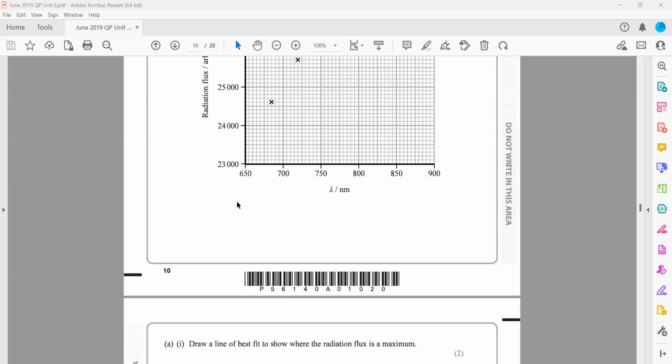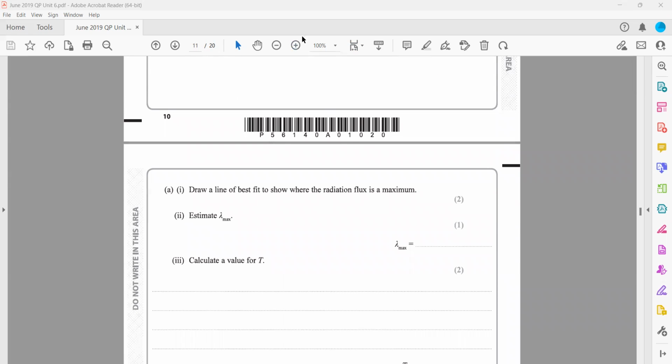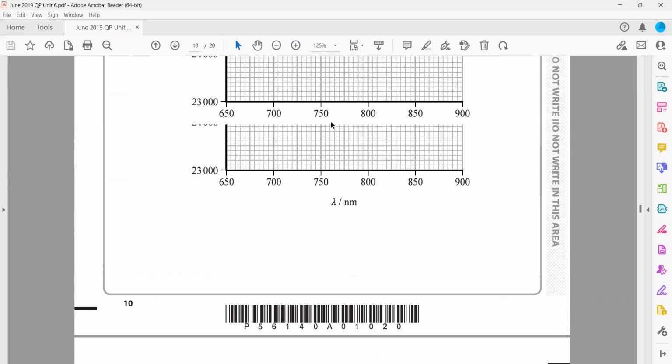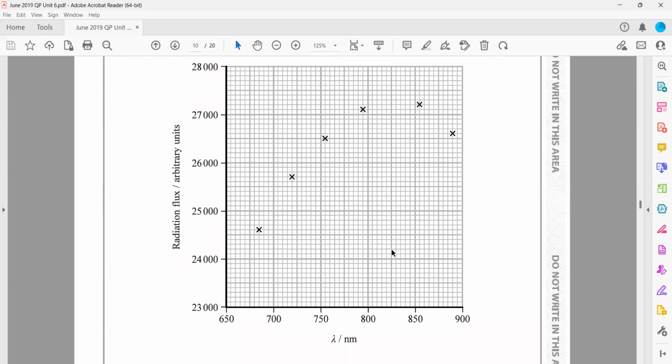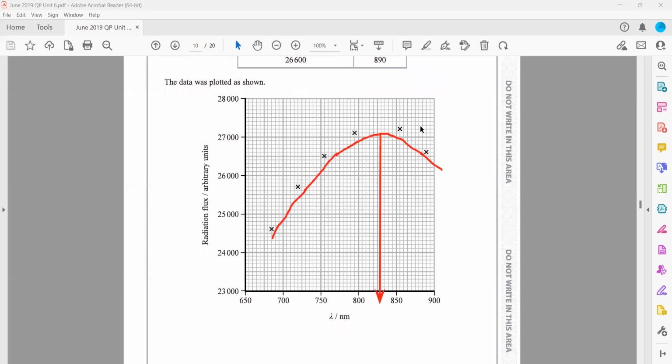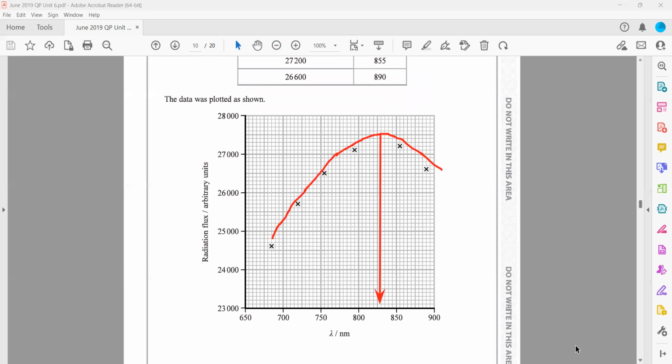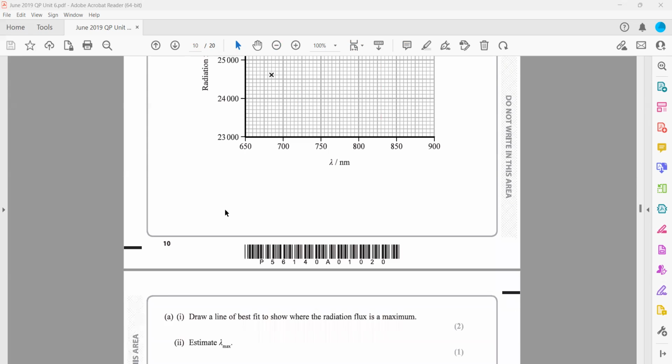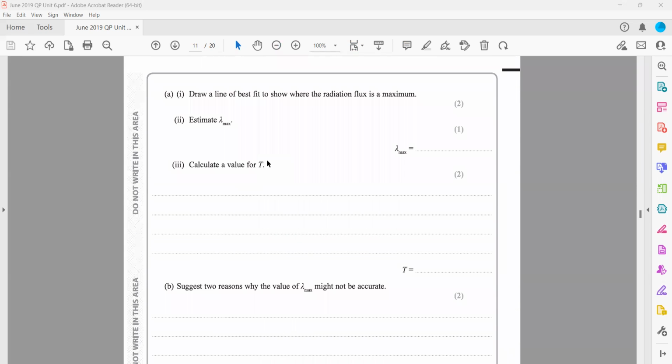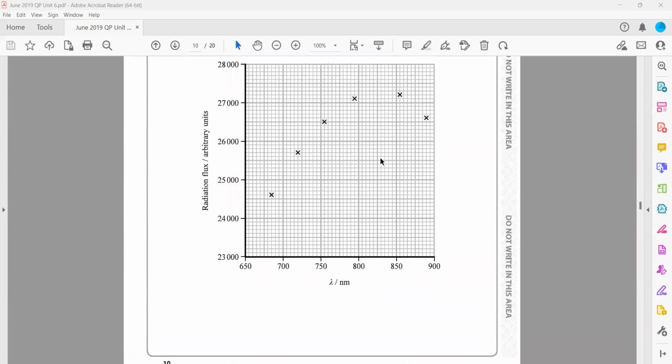The next one is the estimation: after drawing the maximum value, see where it intersects. Whichever position we have on the x-axis will be the lambda max. It's not the maximum wavelength, it's the wavelength at which the flux is maximum. Then calculate T. How to calculate T?